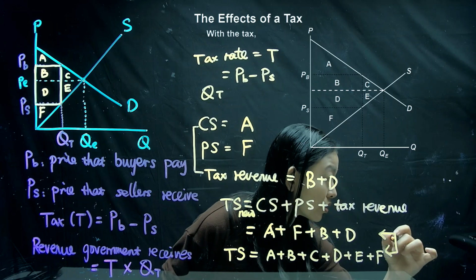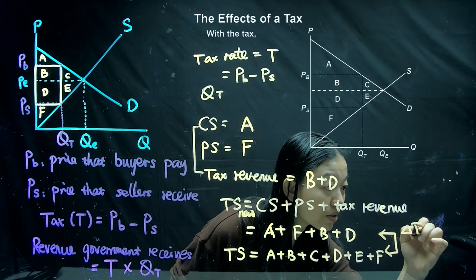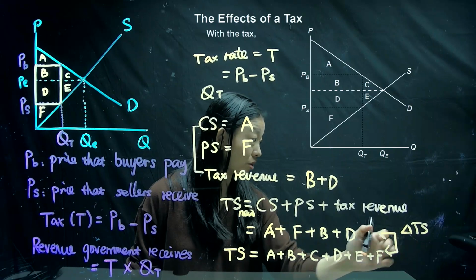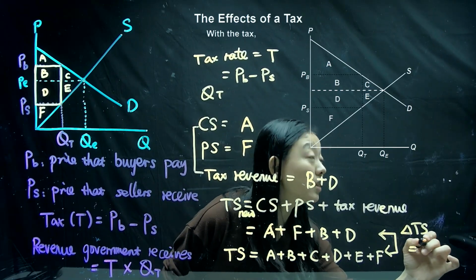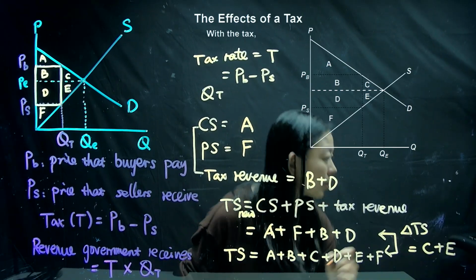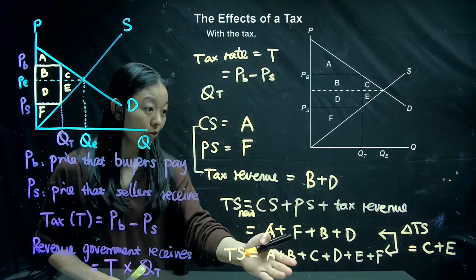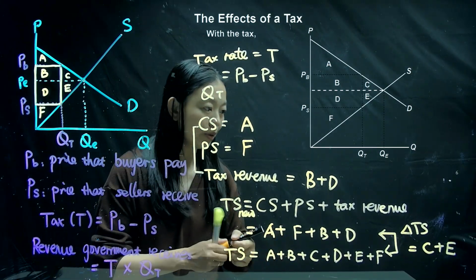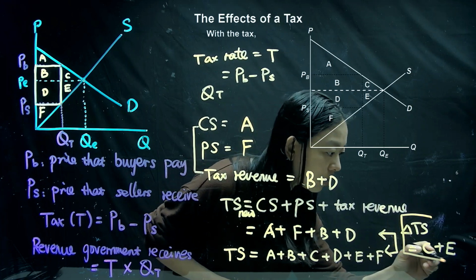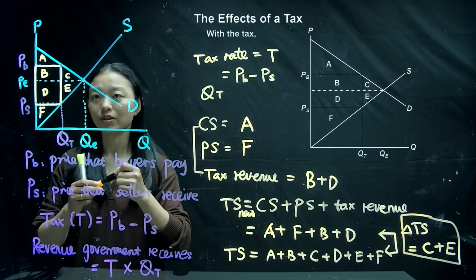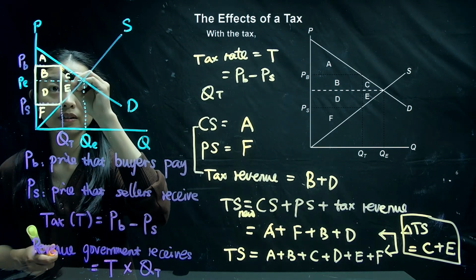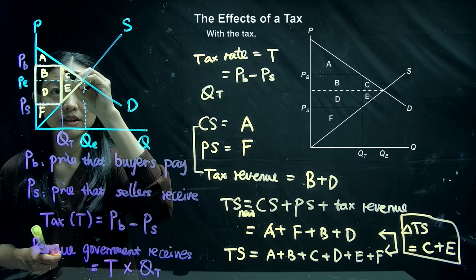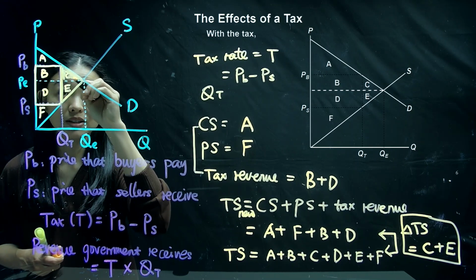We can get the change in total surplus. I mark it as delta here, okay? The small triangle here means the change in total surplus will equal C plus E. You can notice after imposing tax, total surplus actually decreases, right? So we can show this area on our graph. It should be this area. This is C plus E.